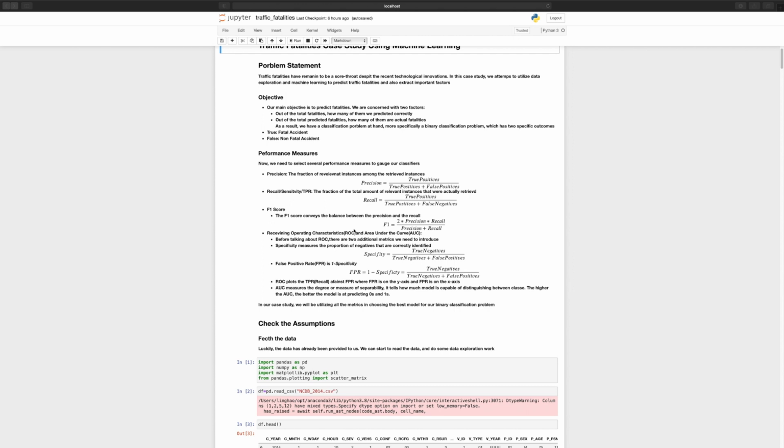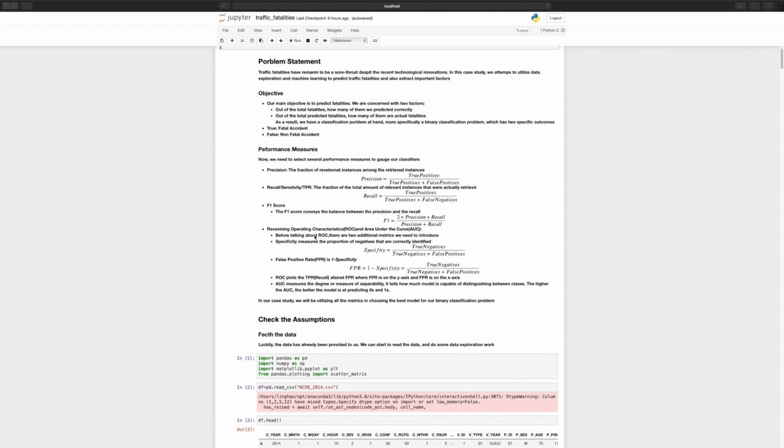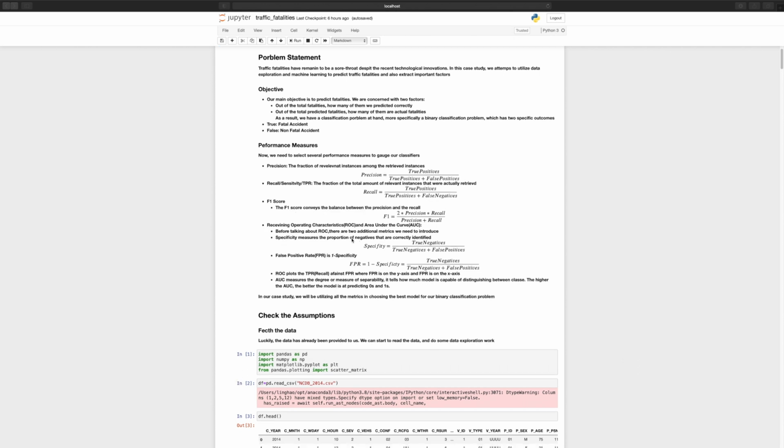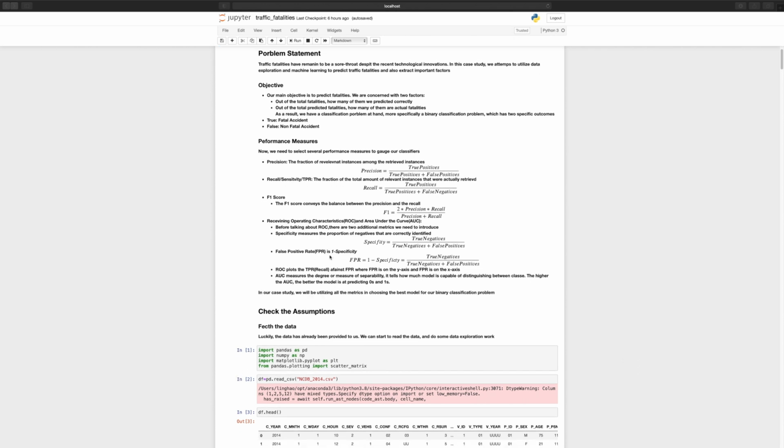The fourth one is AUC, which measures the area under the ROC curve, also known as the receiver operating characteristic curve. So what is the ROC curve? The ROC curve plots the true positive rate, which is recall, on the y-axis against the false positive rate on the x-axis.